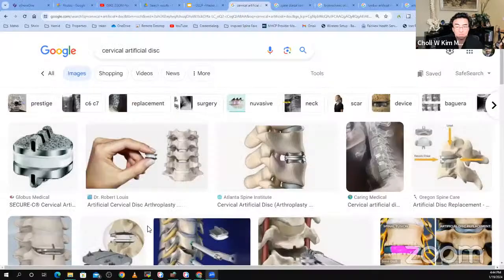I want to reiterate the difference. The difference between a disc replacement surgery in the lumbar spine and a disc replacement surgery in the cervical spine is huge. The cervical spine disc replacement experience has been very, very positive. And I love cervical disc replacement surgery. The indications, the reasons to do that versus a fusion, are much wider than in the lumbar spine for a variety of reasons.